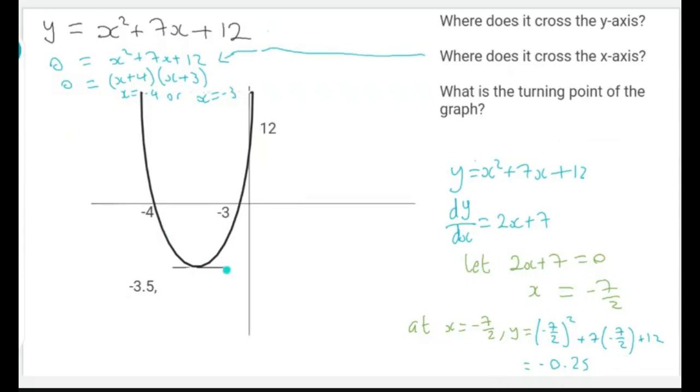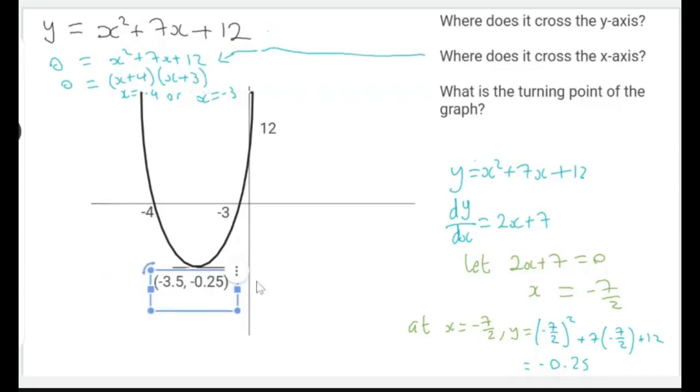Minus 0.25. Nice. So I guess we can add that to the other coordinate, right? Oh yeah, pretty good then. And then just always make sure that with coordinates we have these parentheses, these brackets.